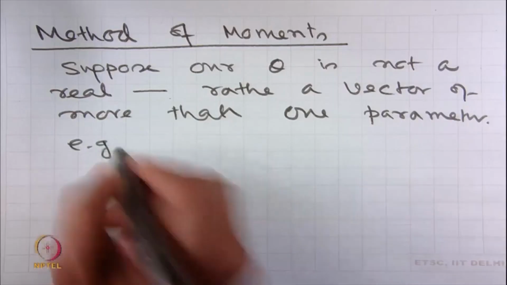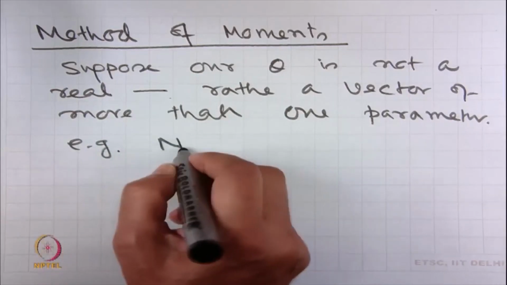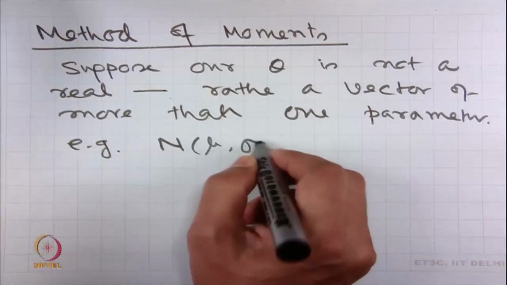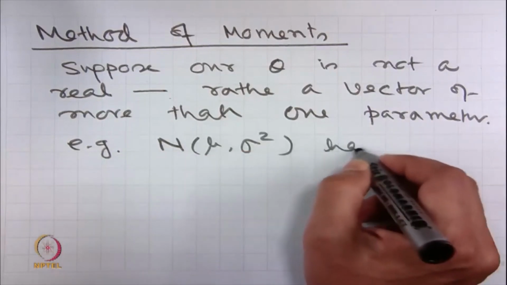For example, normal (mu, sigma square) has two parameters.